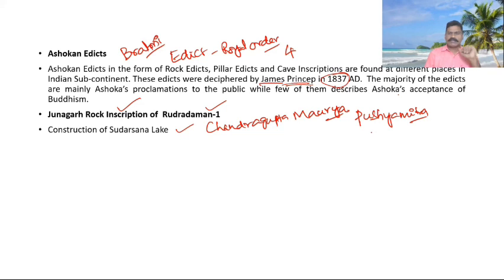He was the governor of the northwestern frontier provinces occupied from the Indo-Greeks: Kandahar, Kabul, Baluchistan, Herat, and also the Gujarat areas. Those areas fell under the control of Pushyagupta as viceroy. So Chandragupta Maurya sent him as viceroy, and he constructed Sudarshana Lake in Gujarat.